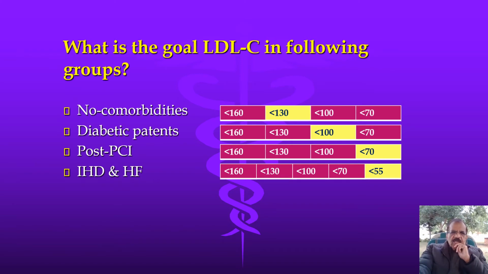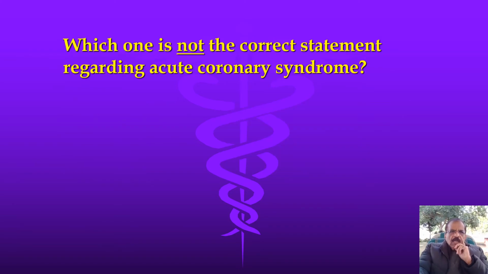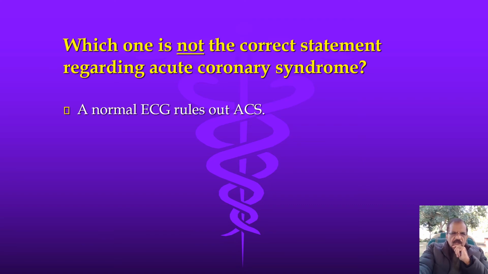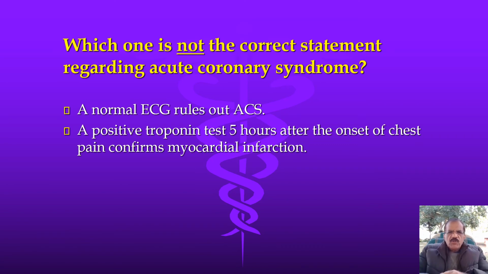Which one is not the correct statement regarding acute coronary syndrome? So you have to identify just one statement which is not correct, assuming that all others are correct. A normal ECG rules out acute coronary syndrome. A positive troponin test 5 hours after the onset of chest pain confirms myocardial infarction.